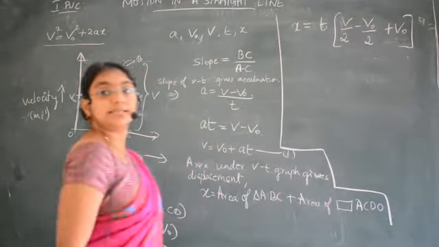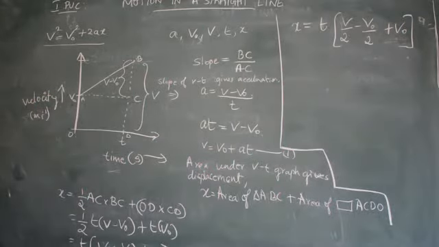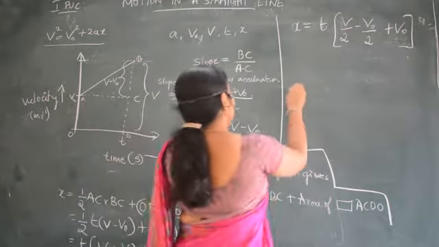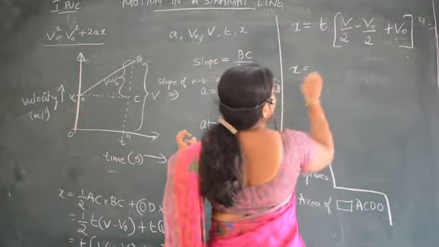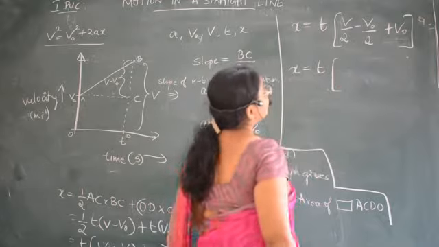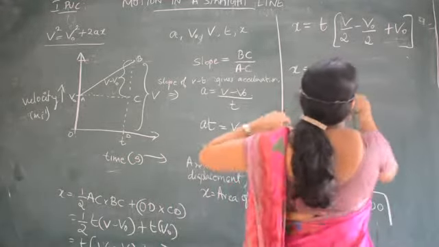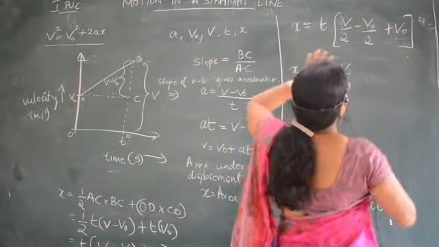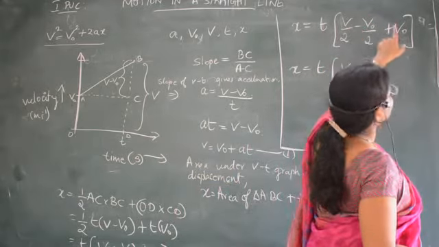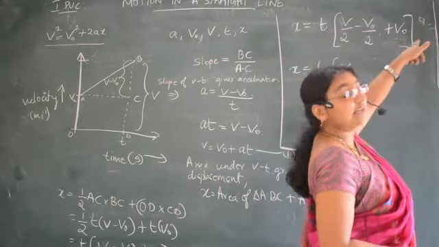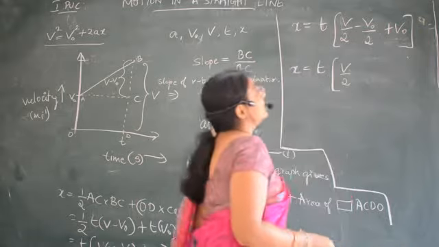Correct? Plus V naught. What about the next step? X is equal to T is outside. V by 2. V naught is there. So I can subtract here. So what is the answer we get?